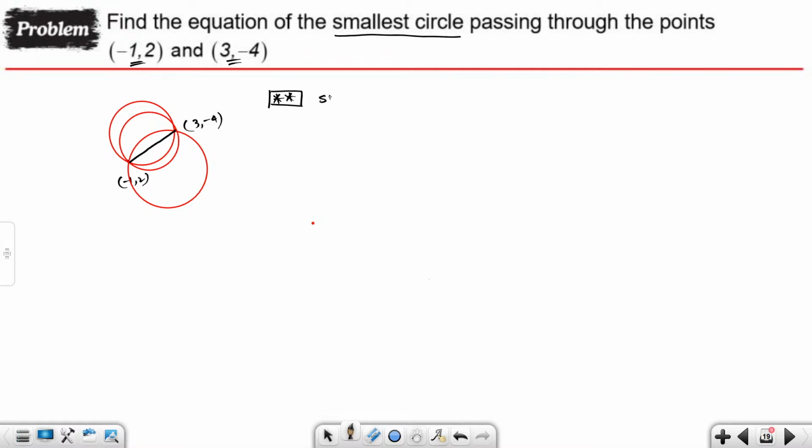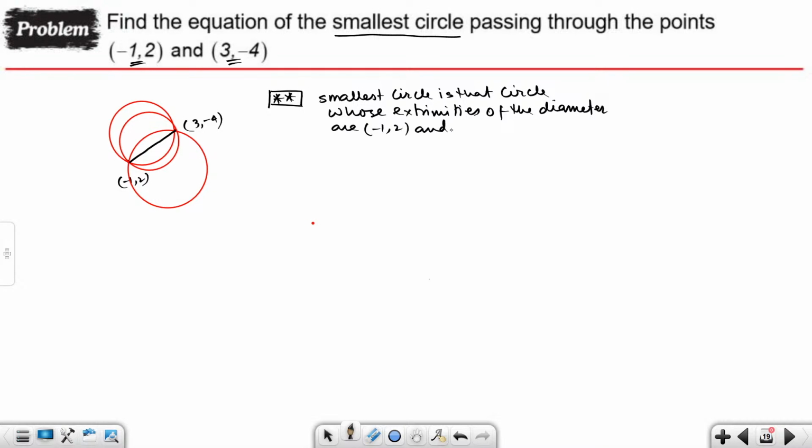The smallest circle is that circle whose extremities of the diameter are -1, 2 and 3, -4. That will be the smallest circle.